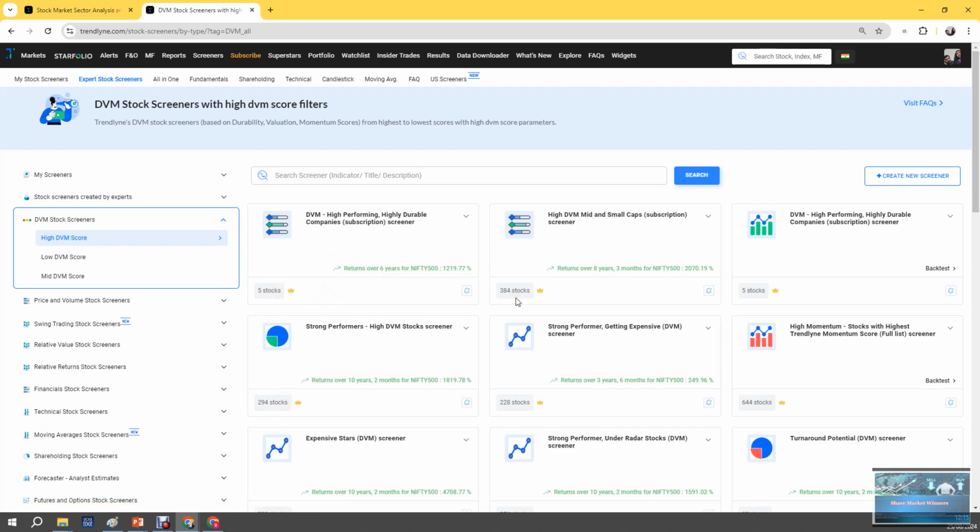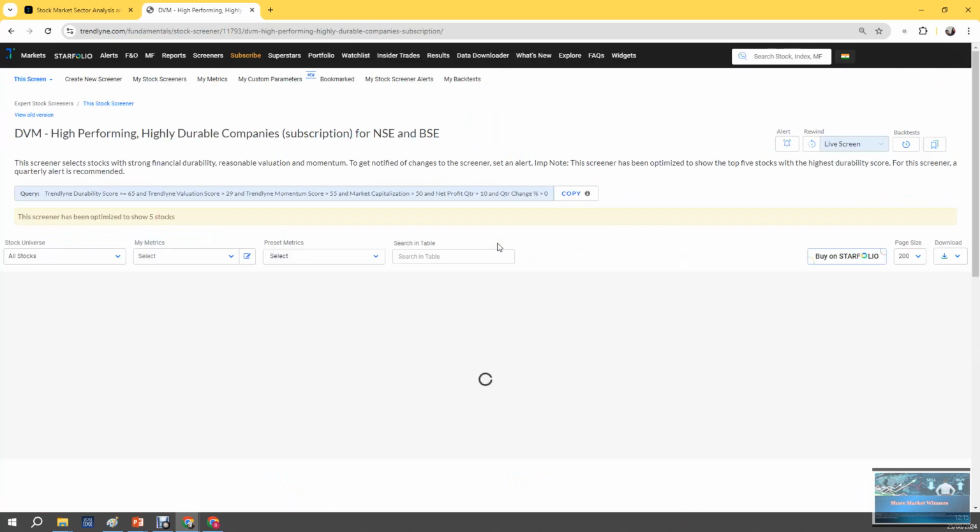Similarly, there are reports for the mid cap and small cap subscriptions, for which they have given ratings. Likewise, a lot of reports are available. For now, I am just going to get DVM high performing, high durable one.